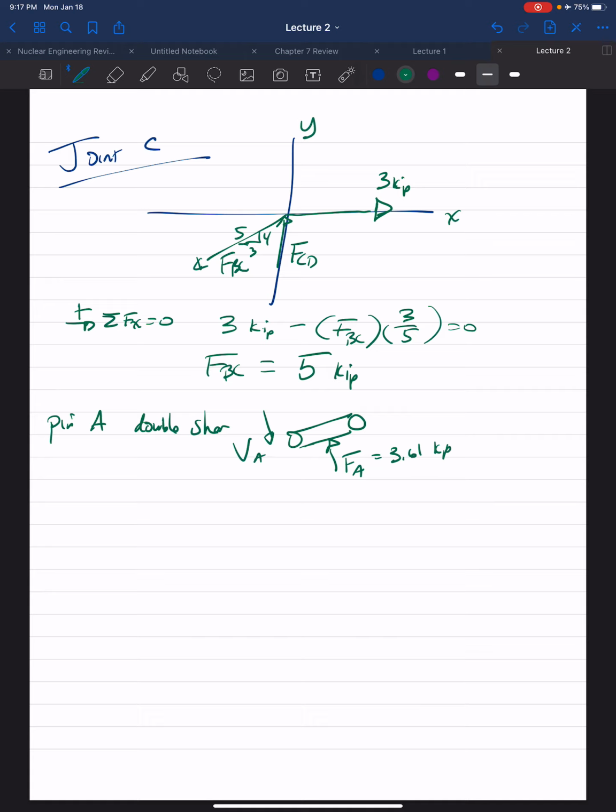You have your VA. So FA is 2 VA, so VA is FA over 2, 3.61 kip over 2. This is 1.805 kip.